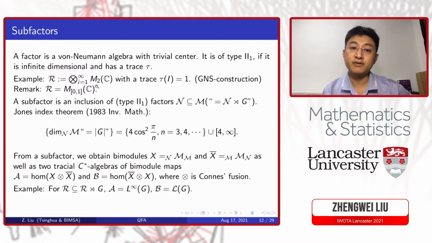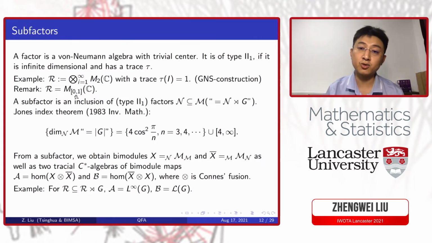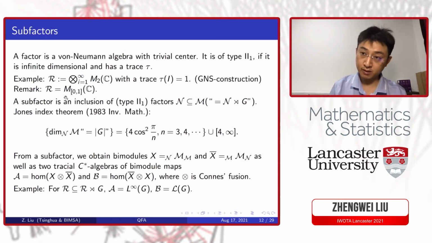And it's the infinite tensor product, for example, the infinite tensor product of 2x2 matrices with the usual normalized trace, under the GNS construction. And this can be regarded as a kind of matrix algebra on the 0-1 interval, somehow a non-commutative interval.